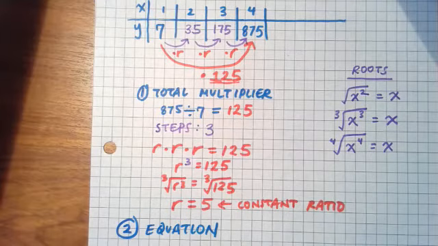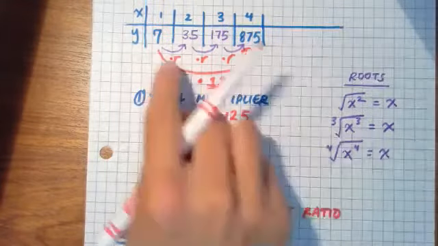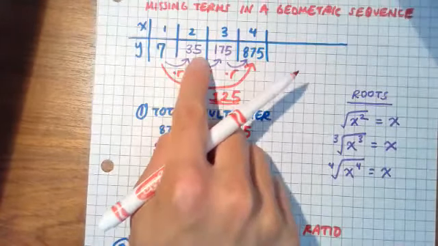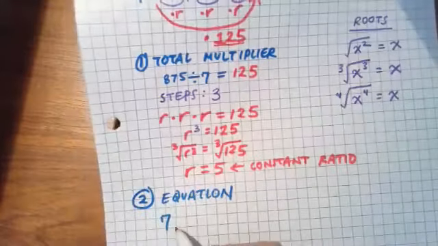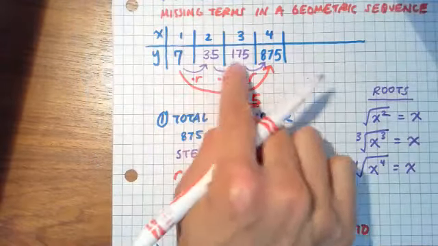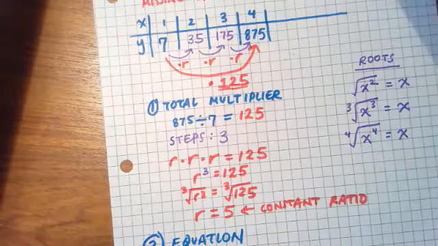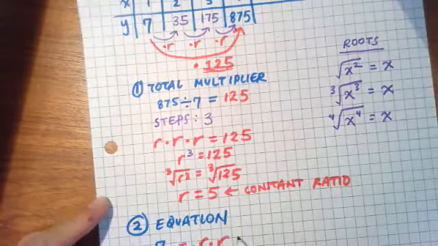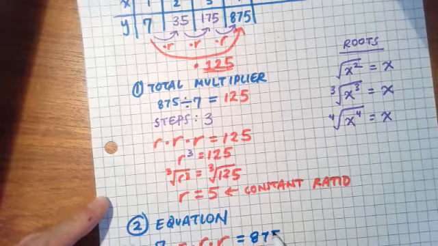Then I know I'm multiplying by a constant ratio. How many times? 1, 2, 3 times. So 7 times r times r times r. After I multiply by that constant ratio 3 times, I get to 875. So I can say 7 times r times r times r is going to be equal to 875.